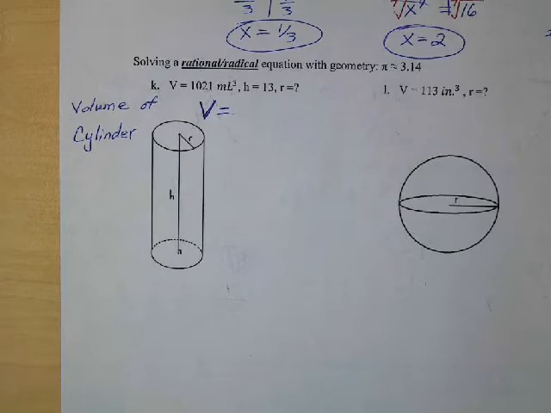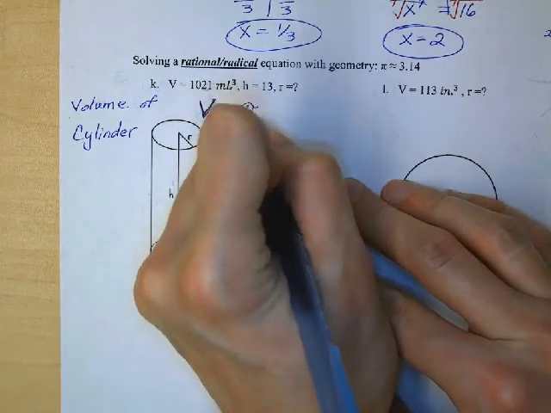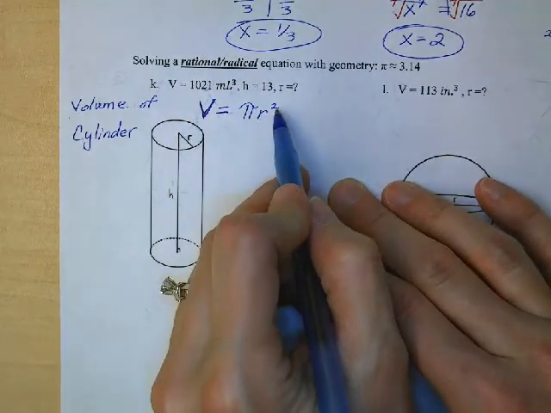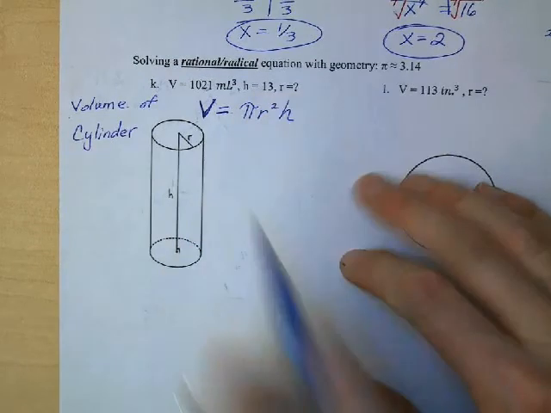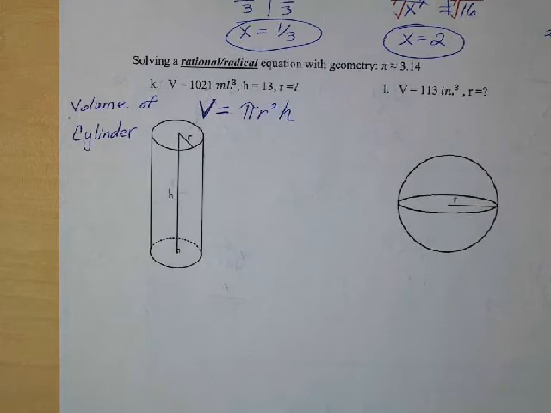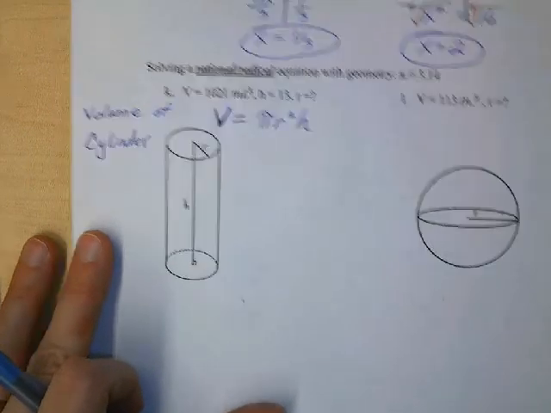Well, it says the formula for the volume of a cylinder is volume equals pi times radius squared times height. Yep, volume of a cylinder formula. You can just look it up. Yep, pi r squared h. Have you heard of that before? Pi r squared h from geometry?